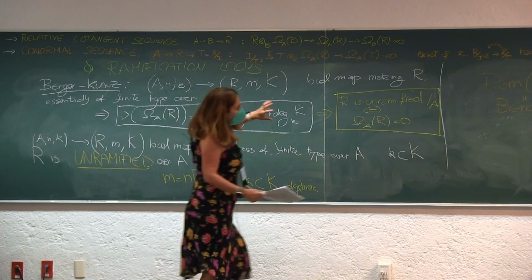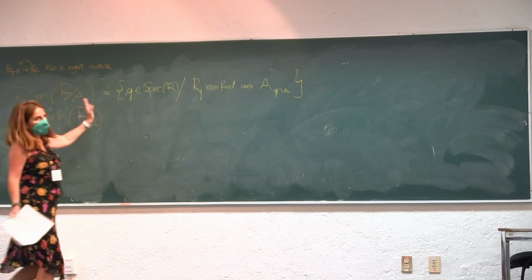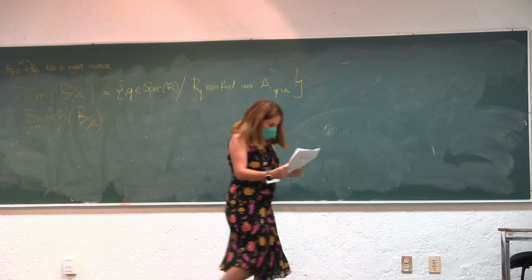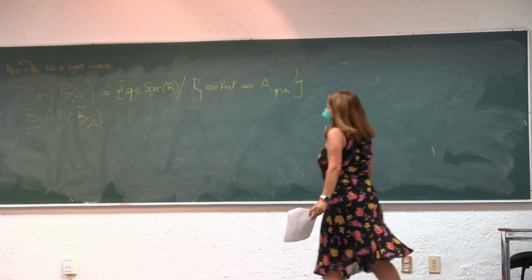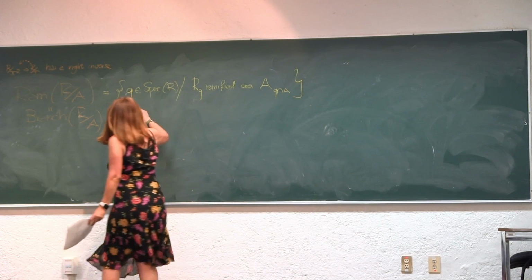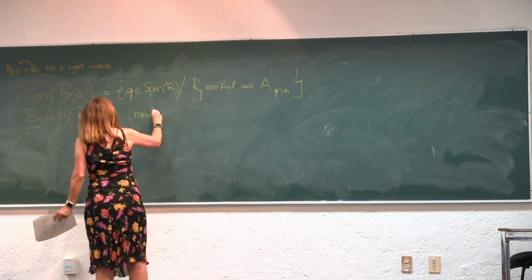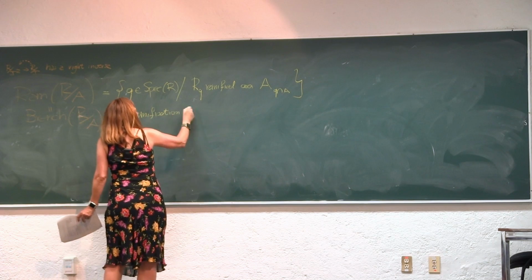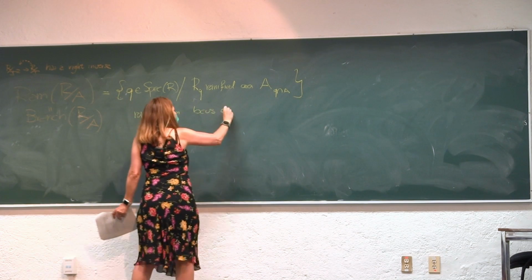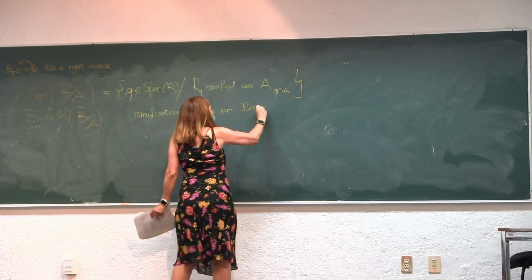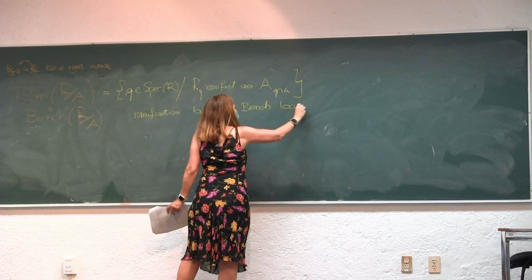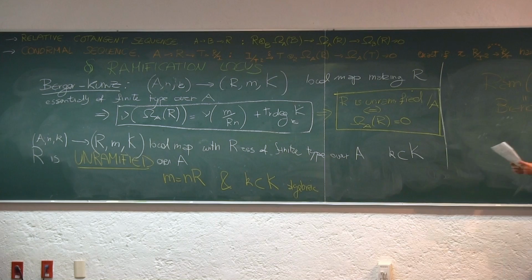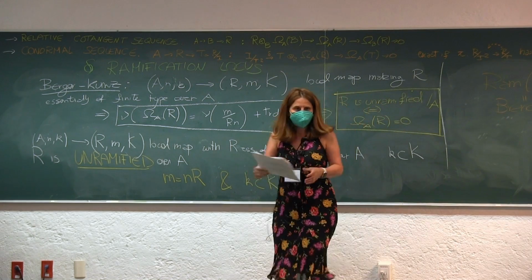So all the primes where this is ramified make the ramification locus. So this is called the ramification locus of R over A.